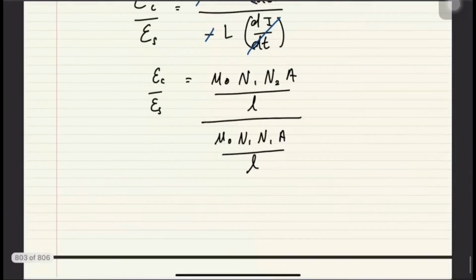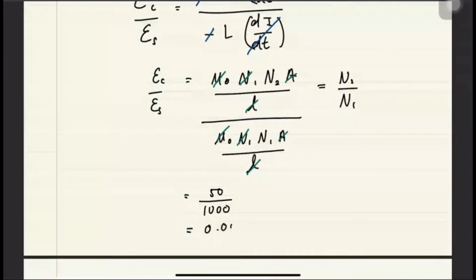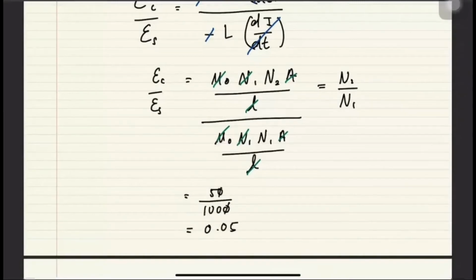So I can cancel out pretty much everything except N2 over N1. Okay, so N2 is equals to 50 divided by 1000. You should get 0.05.